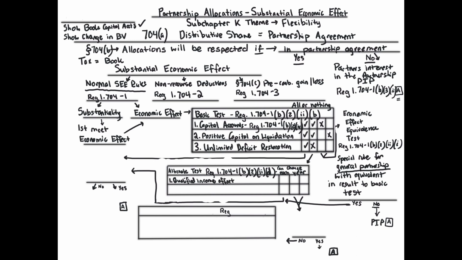The idea behind a qualified income offset is that if special events occur, the partner being allocated a special allocation has to recoup gains or have income reallocated for unexpected things, to make sure they don't go negative beyond their balance. I have an example that goes through this so you can see how a QIO actually works. But keep in mind the qualified income offset has to be in the partnership agreement, and it's triggered through certain events.